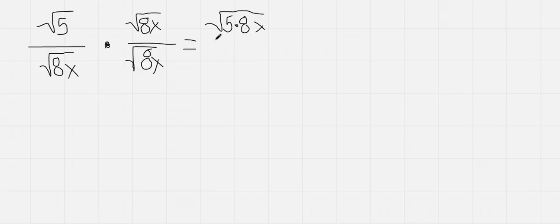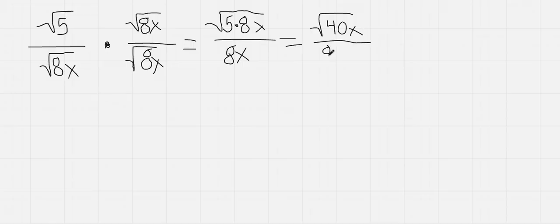And as we remember, the square root of 8x times the square root of 8x is just going to equal 8x. 5 times 8x equals the square root of 40x over 8x.